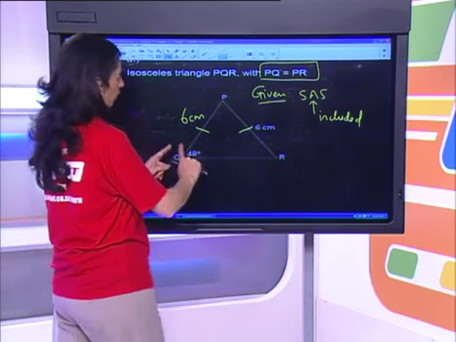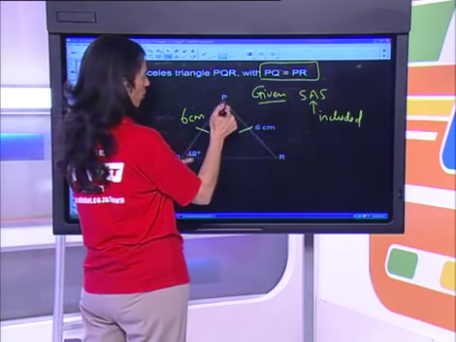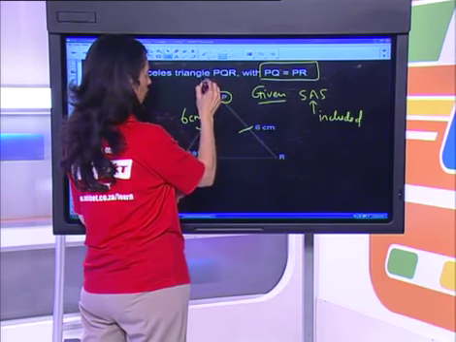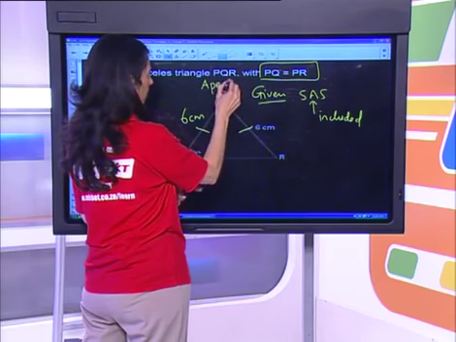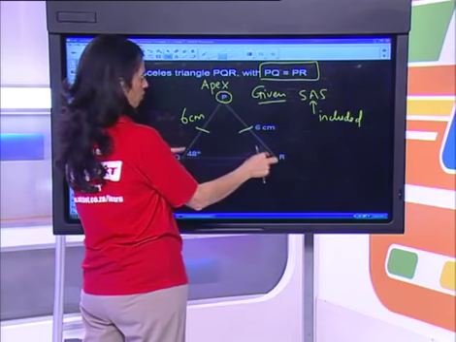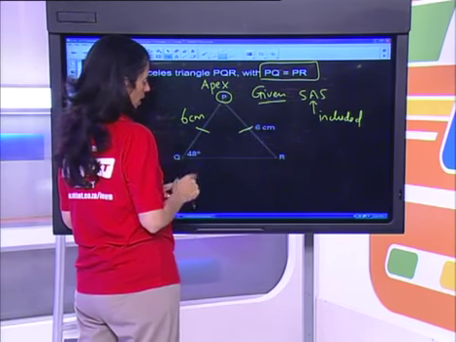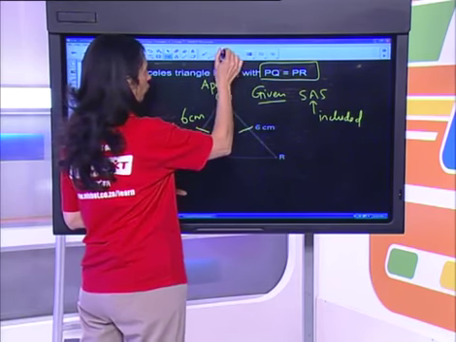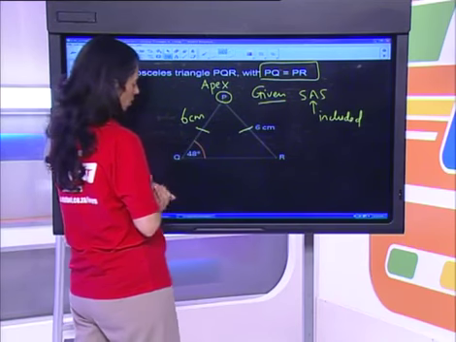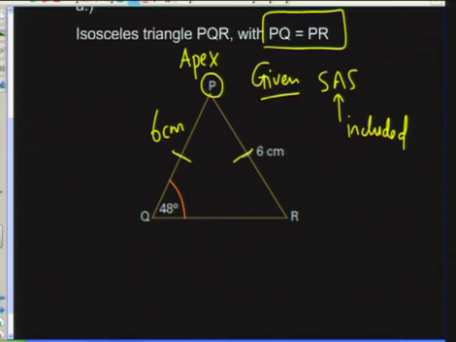If you look at the 2 given sides of an isosceles triangle, this point here is called the apex. And this apex is where the 2 equal sides meet. I'm going to just look at this angle of 48. It's opposite 6 centimeters. And I know that in an isosceles triangle, if I fold along the perpendicular, because these 2 sides are equal, this would fold on perfectly.